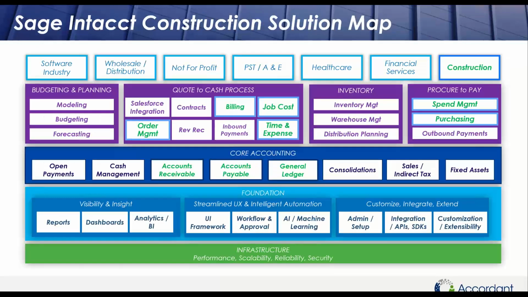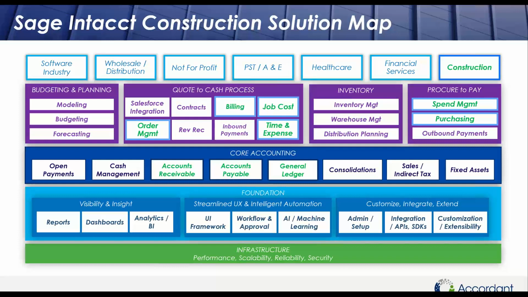So this slide is really just to give you a sense for what's available in Sage Intacct from a vertical perspective. Now I've highlighted the construction and then the components within construction that most of you are thinking about or would need in an application.